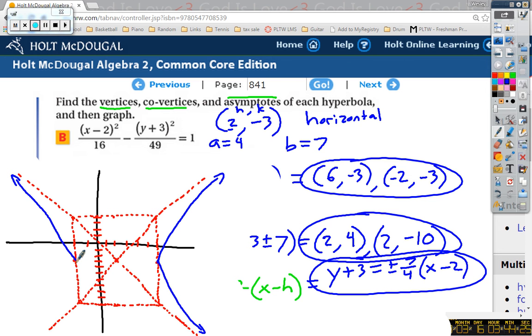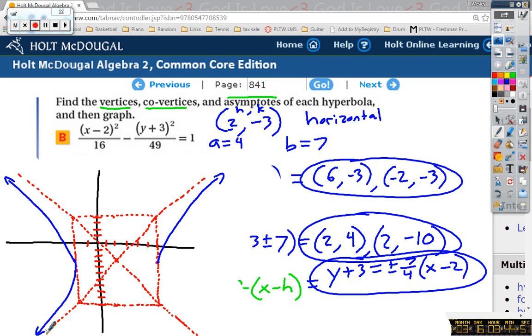It's just curving along. I didn't do a very good job drawing that one. Let me try that again. That's a little better. Okay. And that's what it should look like.